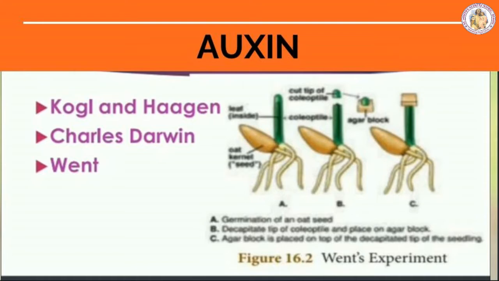It grew straight up, indicating that some substance diffused from the cut coleoptile tips into the agar blocks. From this experiment, he concluded that the tip of the coleoptile was responsible for the growth. So he named that hormone auxin, which means to grow.